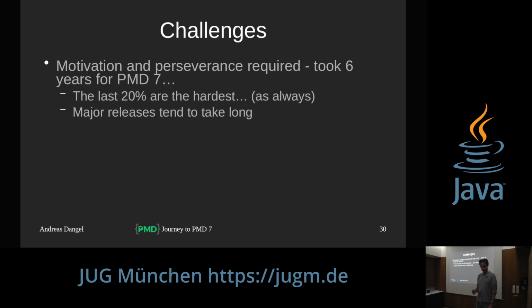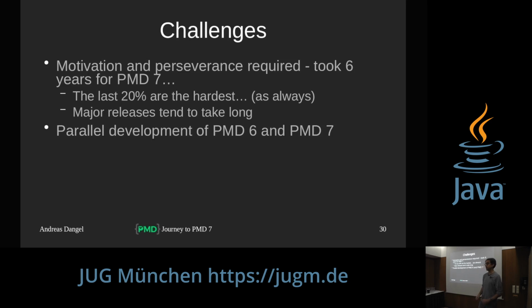The other challenge is that we had parallel development. We created a separate branch at the beginning, and we basically developed 2 versions in parallel. That was time consuming, I would say, at least.